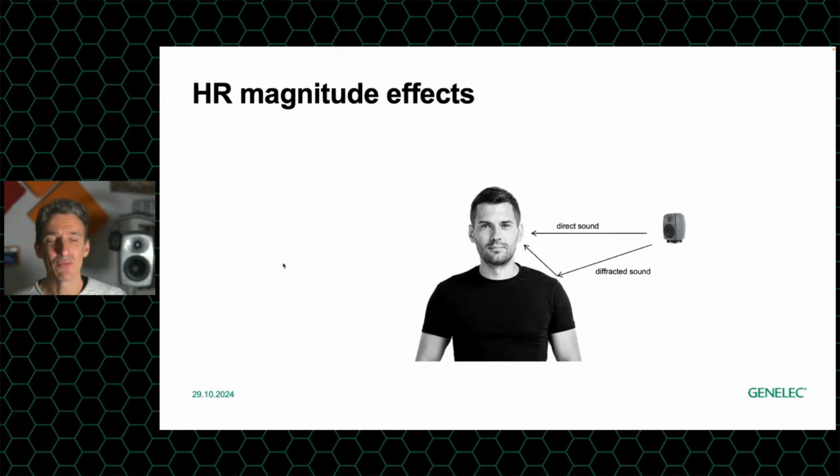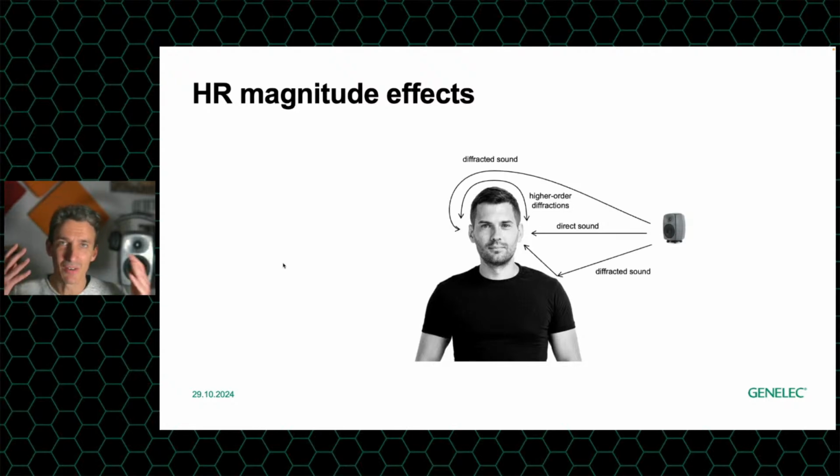So if we talk about a head-related transfer function, it somehow just describes how our head, upper torso, and ears influence the sound coming from different directions. So this function just describes your head and your listening system. As you can see, these are so-called magnitude effects here. We would get the sound, I'm now in the perspective of the guy, from the left side.